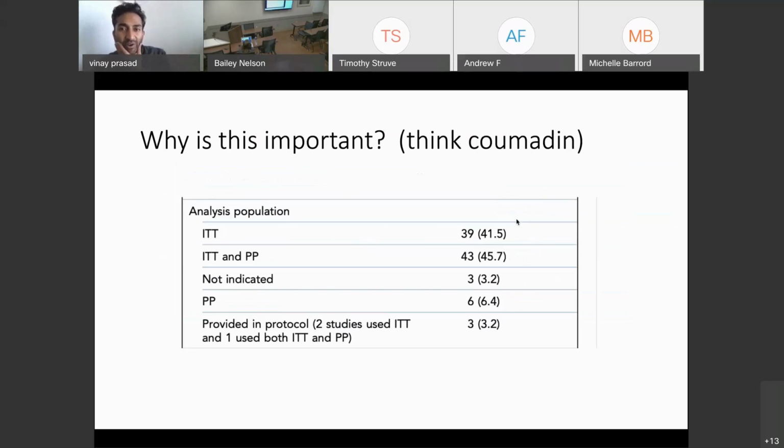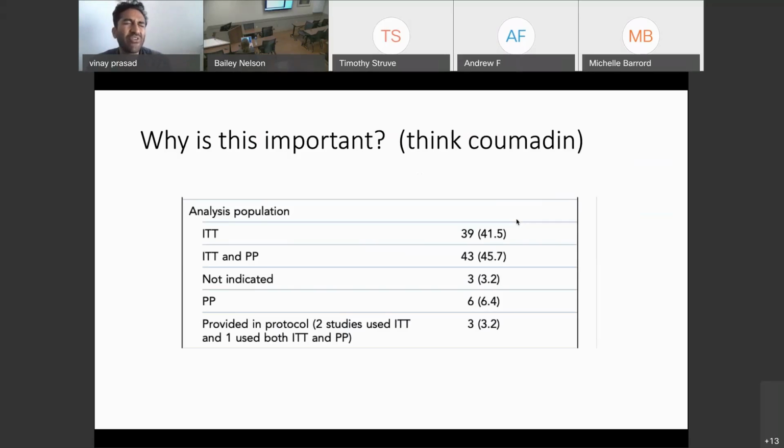Okay, let me do one more teaching point here, which is, when you do a superiority study, we do intention to treat. We do intention to treat because we want to know that something's superior, even if some people don't comply with the recommendation. When you do a non-inferiority study, it's important to do both intention to treat and per protocol. Why?